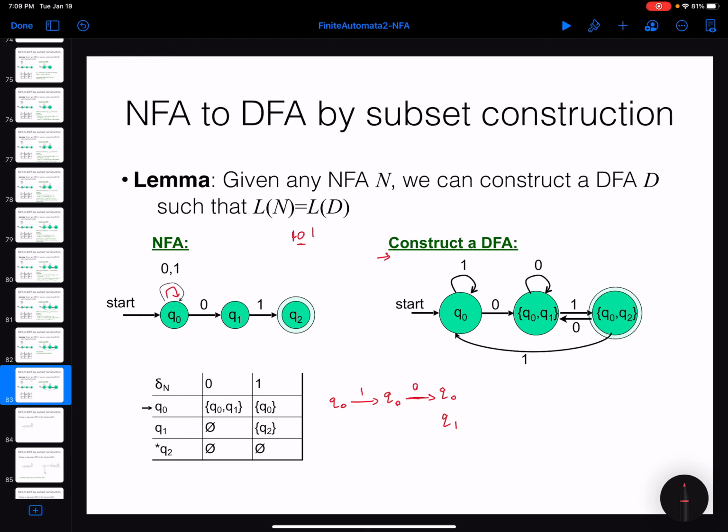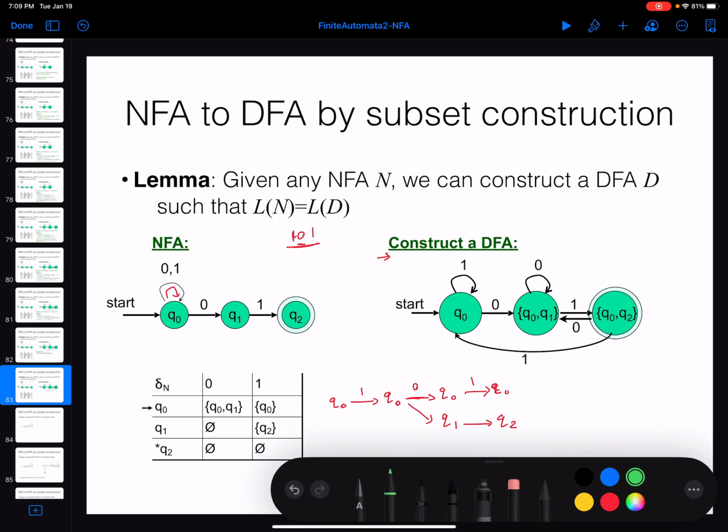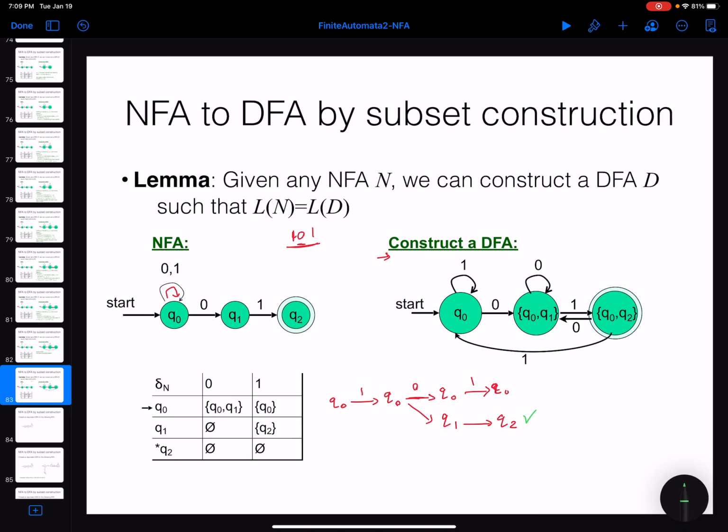And by seeing the 1, here you will stay at Q0, right? There is no other possibility for you. And by seeing the 1 at Q1, you will move to Q2, right? So this string is going to be accepted by this NFA because this path is accepting.